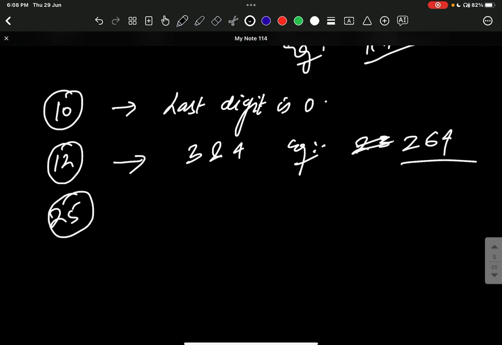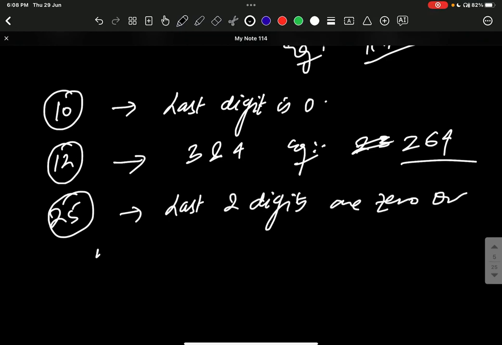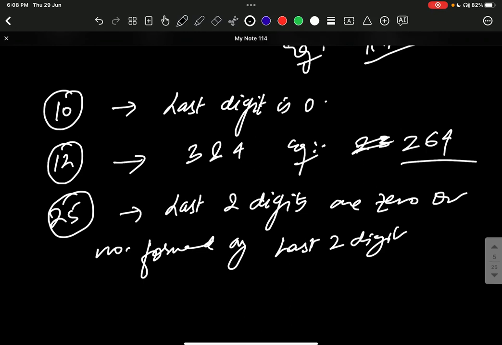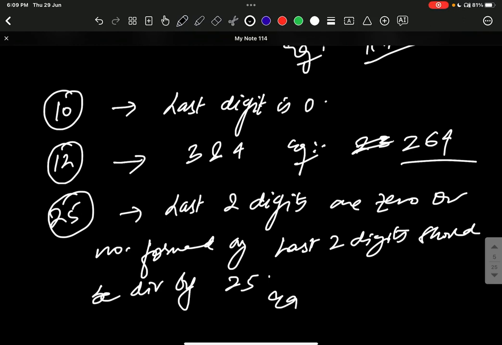Here you have to check that the last two digits are 0, or the number formed by the last two digits is divisible by 25. Take an example, 35300.